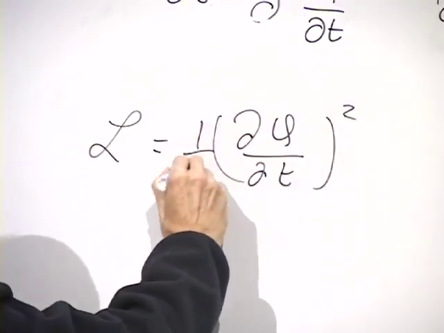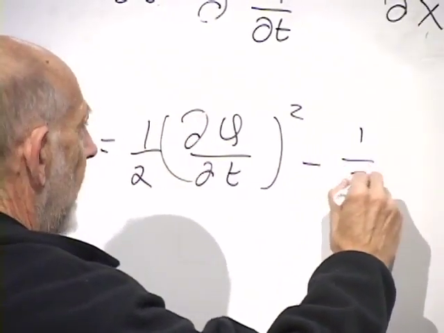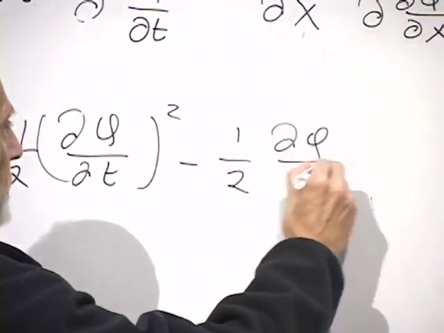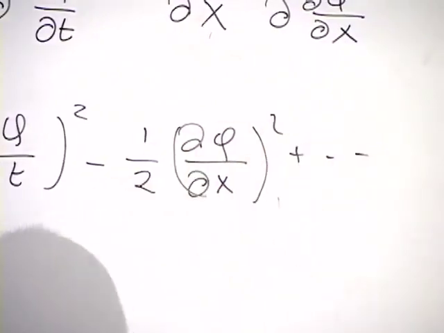There's a conventional 1/2 in front of it. Derivative of phi with respect to time squared minus the same half derivative of phi with respect to x squared. Same thing with y and z, but I won't write it out.